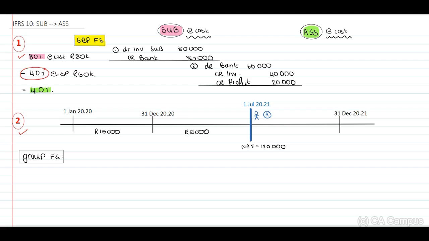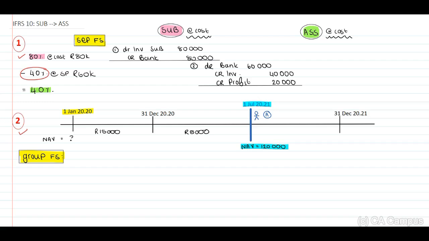Right. Now, in terms of our group records, and guys, I want you to think with me here. At acquisition date, 1 January 2020, they've indicated to us our net asset value is 120,000 on 1 July. Therefore, if we take this back to 1 January 2020, we need to determine what the net asset value is.